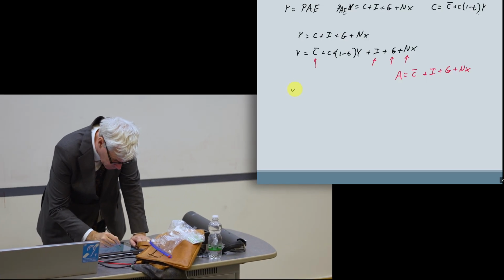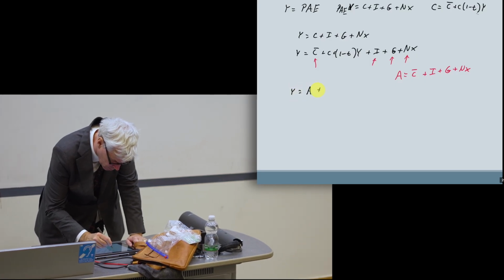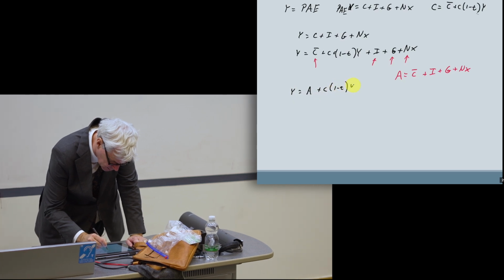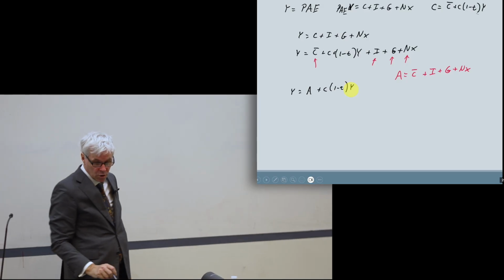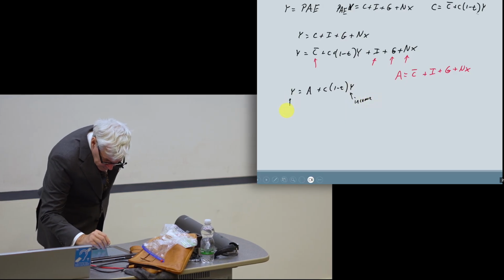And so putting this all together, we get y is equal to A plus c times 1 minus t times y. And of course, y on the right-hand side is income. And the y on the left-hand side is expenditure, and kind of output.